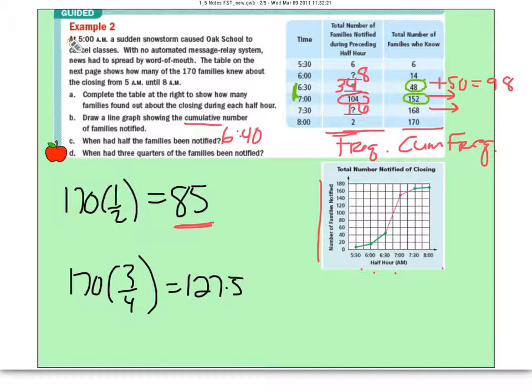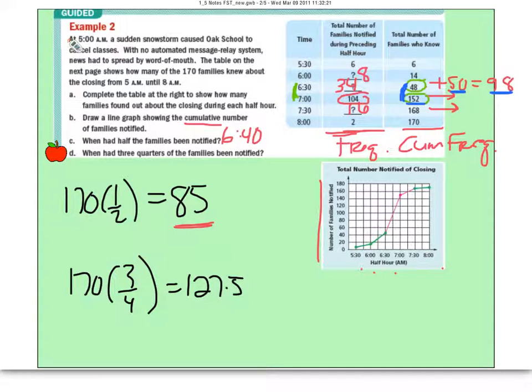Okay, and then when had 3/4 of the family been notified? If you take a look at this, we're looking for the 127th family. So if you look at that, that had to also be somewhere in between this range. So let's just piggyback off of what we did. If we add 50 families, we're at 98 families. We're going to go up to 152.